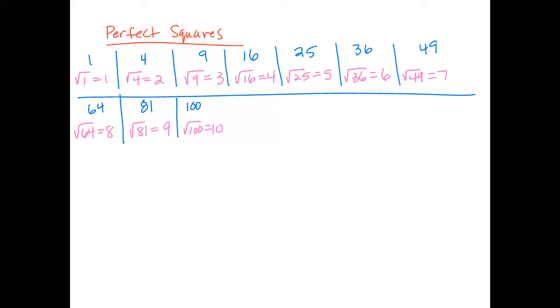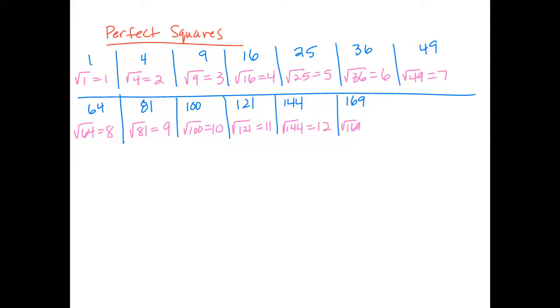And then do you know 11 squared? 121. So the square root of 121 is 11. And then 12 squared is 144. Good. Square root of 144 is 12. And then we also have 13 squared. I'm not sure if you know them that far, but 13 squared is 169.